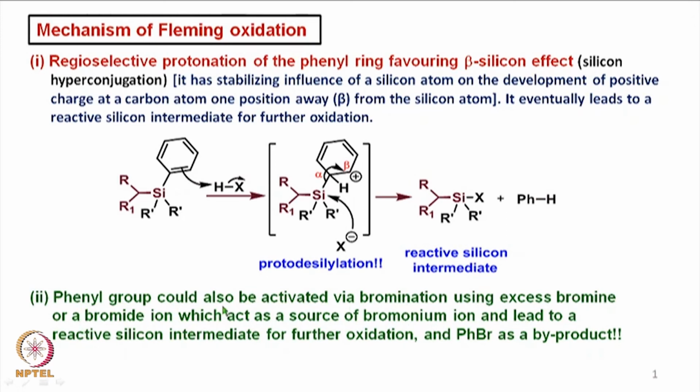That means a phenyl group could also be activated via bromination using either excess of bromine, which will of course give a source of Br plus as well as Br minus, or a bromide ion under oxidation conditions that leads to the formation of a bromonium ion, for the aromatic system to react with that electrophilic species, and in the case of bromine then of course we get bromobenzene as a byproduct, and of course the same reactive silicon intermediate for further oxidation will form.